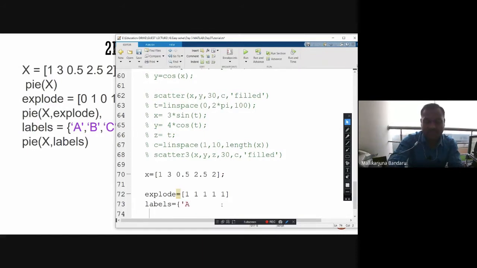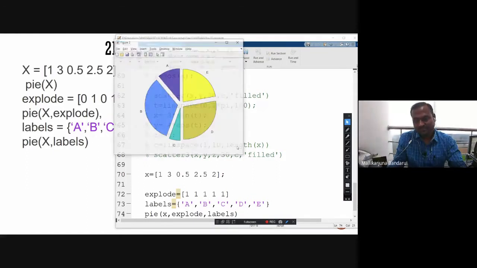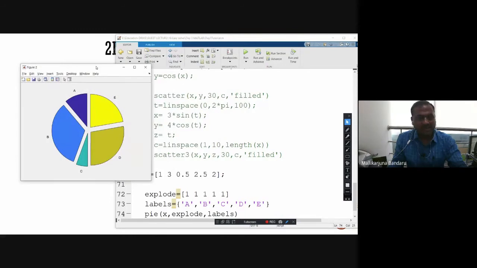Suppose this is for A, this for B, and this for C. Total 5, right? Now give the labels. Now here A, B, it is giving the names itself. And if you want to print directly, you can print the series. Simply take the print option.